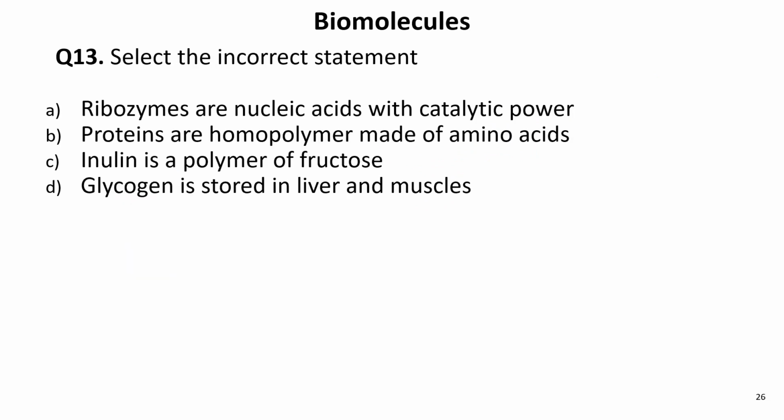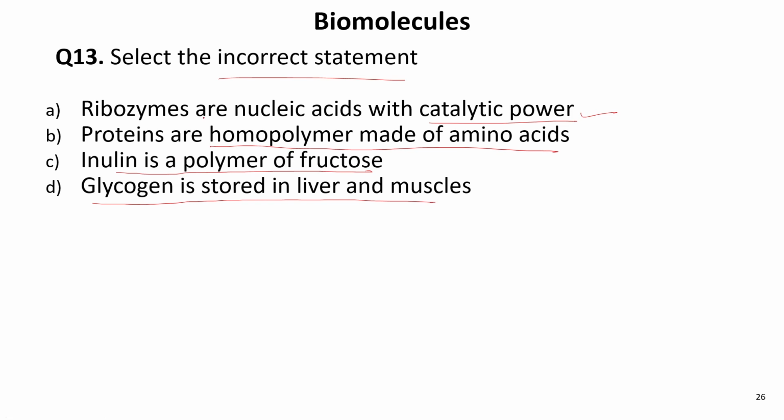Moving to the next question. Select the incorrect statement. Let us read the four statements. Ribozymes are nucleic acids with a catalytic power. Proteins are homopolymers made up of amino acids. Inulin is a polymer of fructose. And glycogen is stored in the liver and muscles. So let us discuss the options one by one.